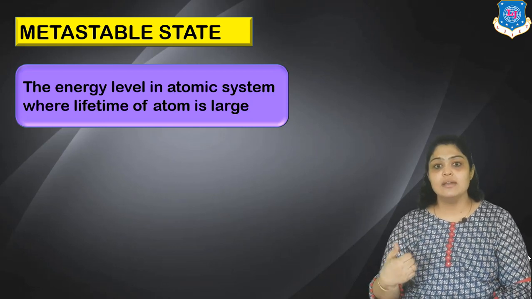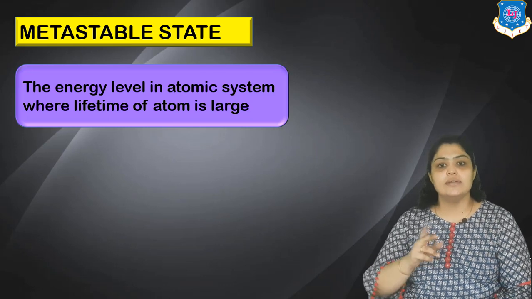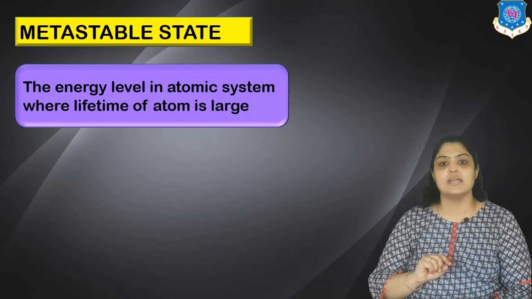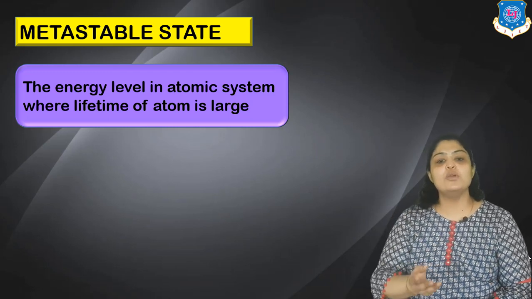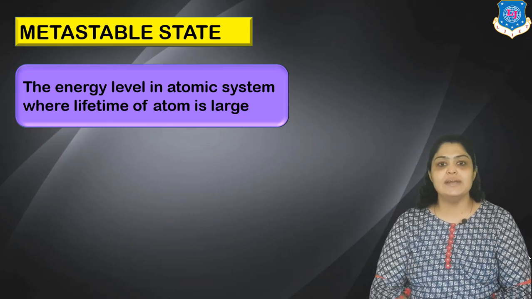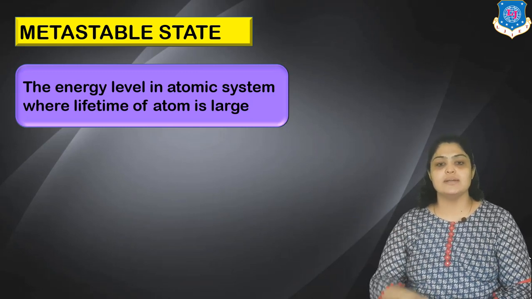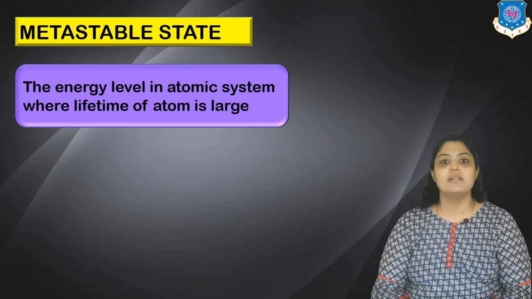And secondly, the atom has a larger lifetime, around a millisecond. 10 raised to minus 3 to 10 raised to minus 2 seconds is the lifetime of this state. Because if the atom can stay there for a larger period, only then you can control a process called stimulated emission. So I would say actual stimulated emission starts from the metastable state. Here, the lifetime of the atom is large.